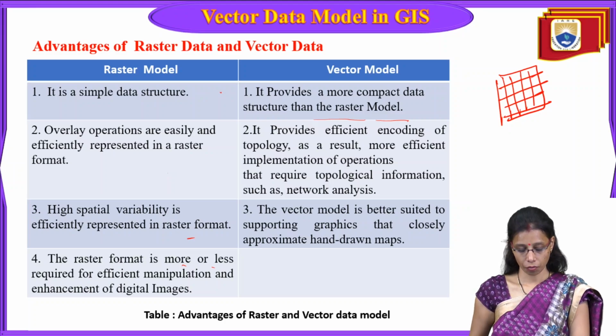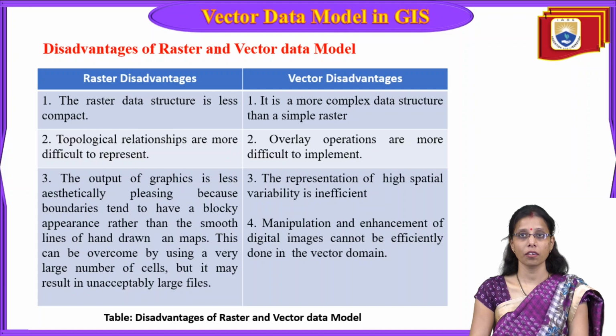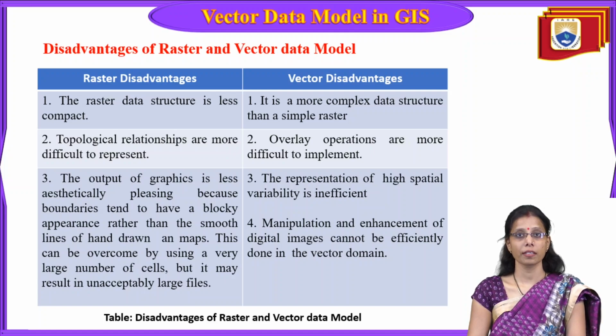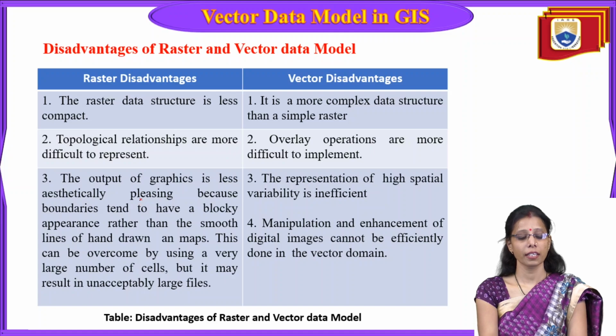Now, if we talk about the disadvantages of raster and vector, the raster data structure is less compact, and topological relationships are more difficult to represent. The output of graphics is less aesthetically pleasing because boundaries tend to have a blocky appearance rather than the smooth lines of hand-drawn maps.